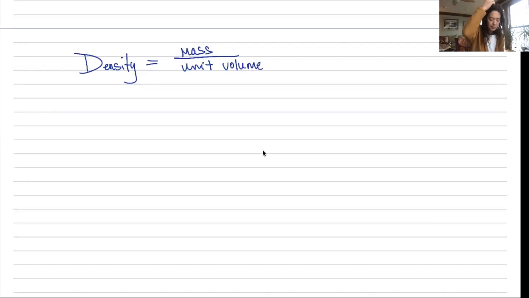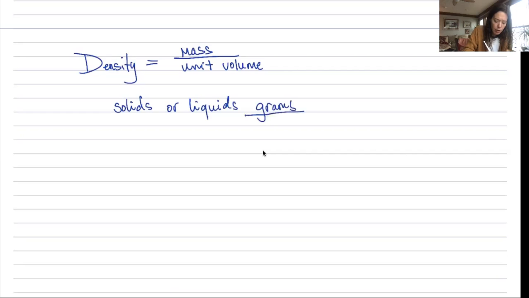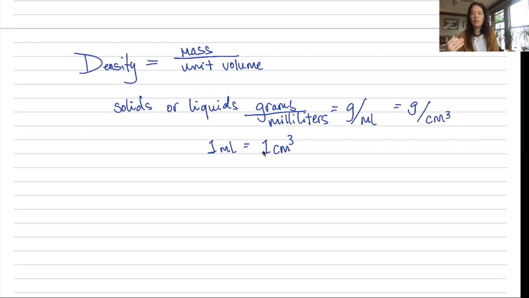Now, typically, if we are dealing with solids or liquids, we have grams per milliliters as our density unit. Recall that 1 milliliter is equal to 1 centimeter cubed, so we could also say that this is in centimeters cubed. Sometimes we get the volume doing a length times width times height.